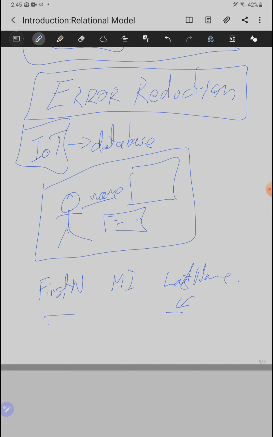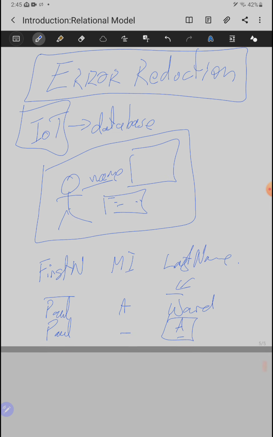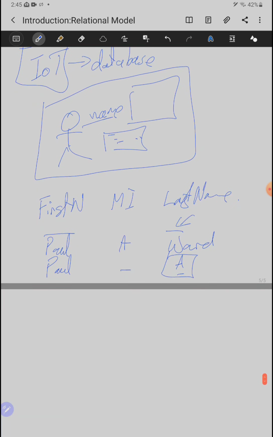So, for the sake of argument, let's assume my middle initial is A. So I'm Paul A. Ward. Okay? But you make a mistake and you type Paul and you have a blank here and you type A and you hit enter. This is the point at which it's very helpful for the database to be able to say, no, that's not a valid name. Now, there are issues with this.